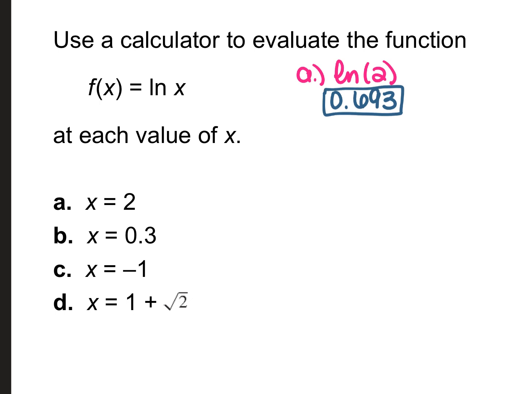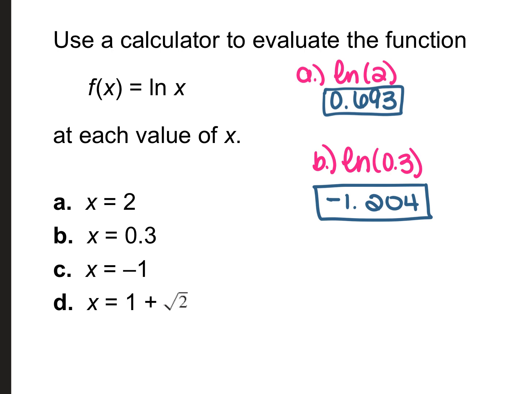For example B, you have x is equal to 0.3, so you're going to do the natural log of 0.3. Again, just type in the ln, then 0.3, close the parentheses on your calculator, round to 3 decimal places, you should get negative 1.204.